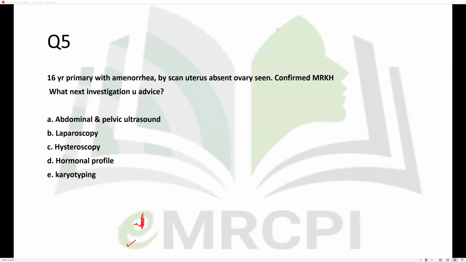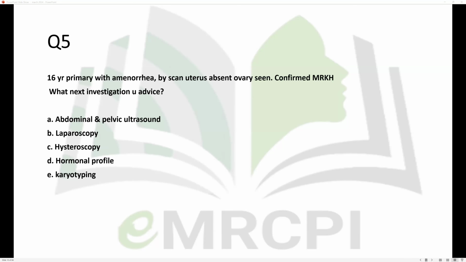Well done, everyone. So, a 16-year-old with primary amenorrhea; by scan, the uterus is absent, the ovary is seen, and MRKH is confirmed. What is the next investigation that you would advise? Yes, and why will we advise the abdominal and pelvic ultrasound?